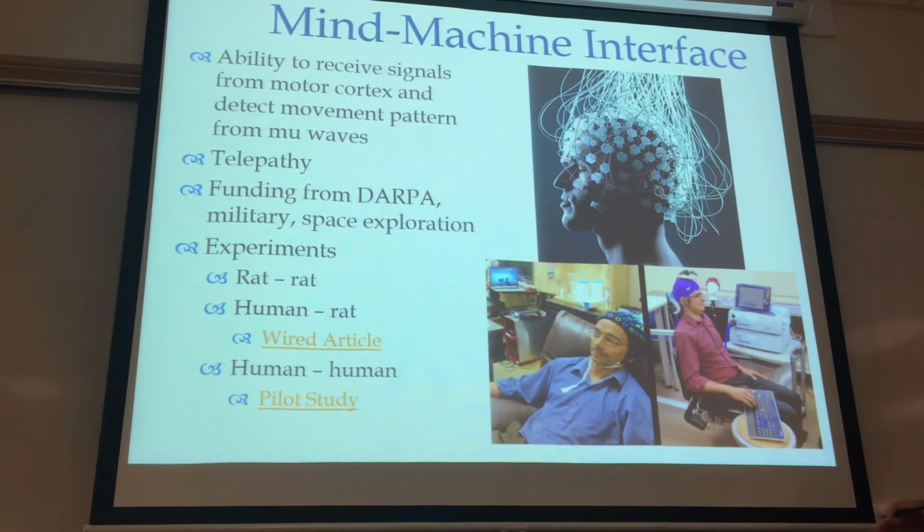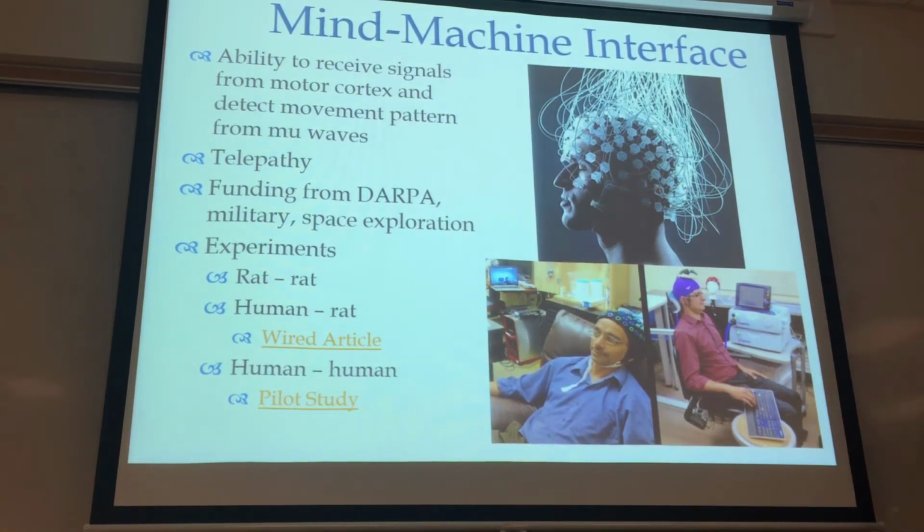So this ventures into what's called MMI, mind-machine interface. It's the ability to receive signals from the motor cortex, the areas that they want to read, detect that movement pattern and be able to use that on something external. So this gives a lot of rise to telepathy, the ability to control things with your mind, specifically with motion.